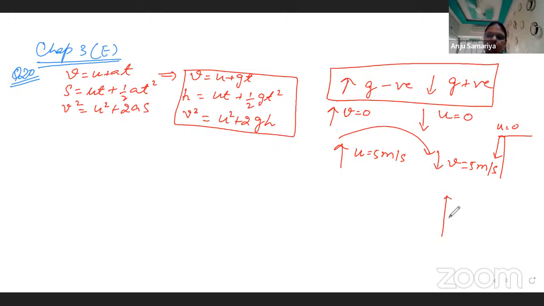So the speed with which the ball is sent up, the final speed on return is the same. Initial speed U will be equal to final speed while coming down. If time taken while going up is 3 seconds, then time taken while coming down will also be 3 seconds.